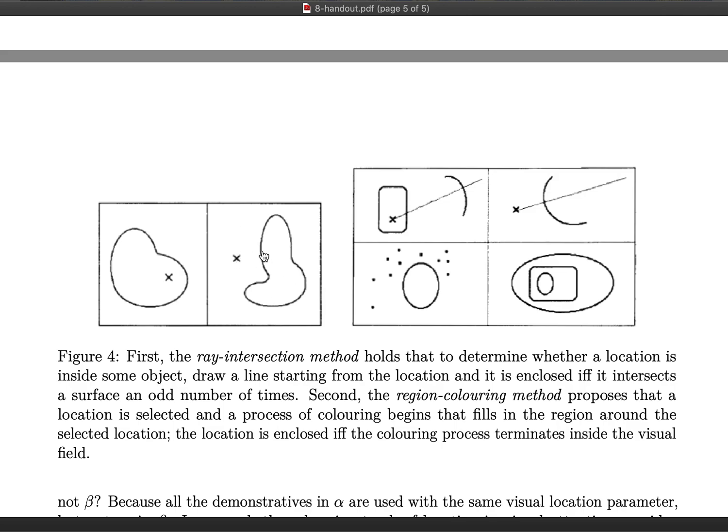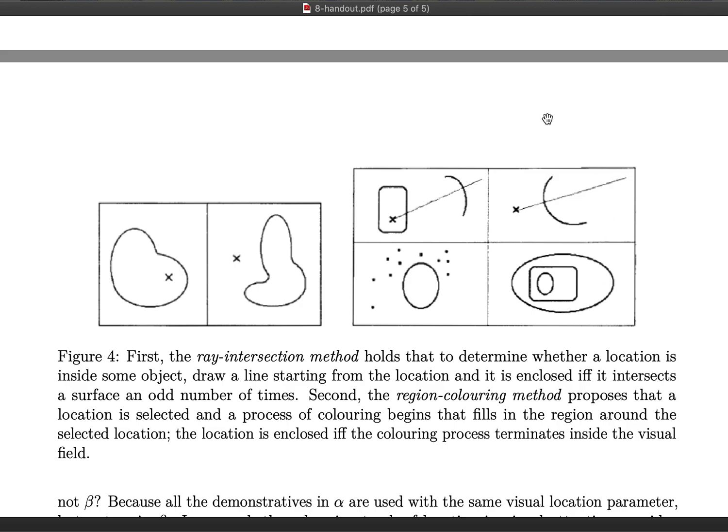So following this method, we conclude that the location is not enclosed, which is correct. Okay, so this example illustrates why the ray intersection method might be a plausible way in which our visual system can have a method or an algorithm for determining whether something is enclosed or not.